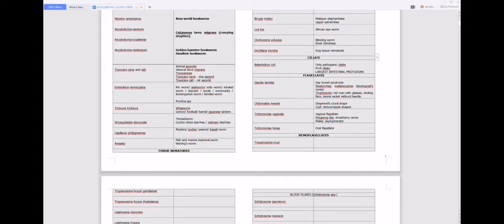So sa hemoflagellates, first is Trypanosoma cruzi. So Trypanosoma cruzi can cause American trypanosomiasis. So American siya, ang Trypanosoma cruzi. Okay? So Trypanosoma cruzi can also cause Chagas disease.